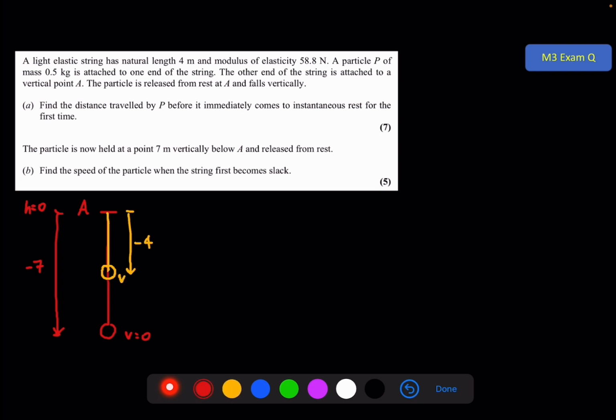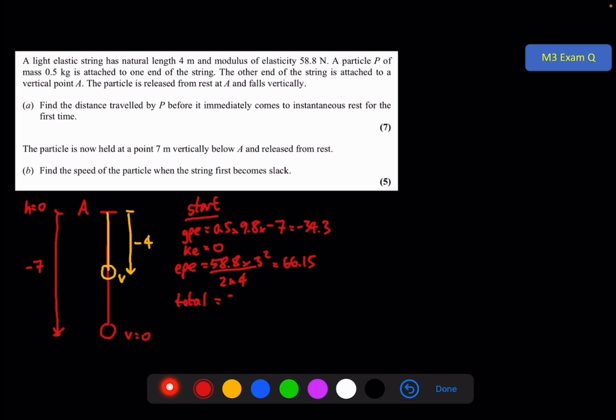Same idea as before. Our starting energy, we have gravitational potential energy of mass 0.5 times 9.8 times minus 7, which is minus 34.3. We have starting kinetic energy of 0 and quite a lot of elastic potential energy. Lambda times the extension squared divided by 2 times the natural length, 66.15. So the total energy is 31.85 joules.